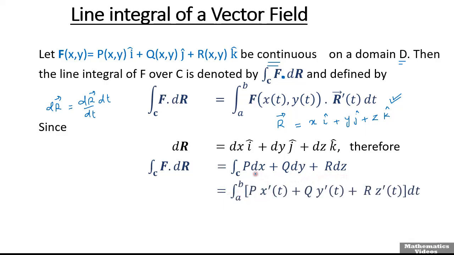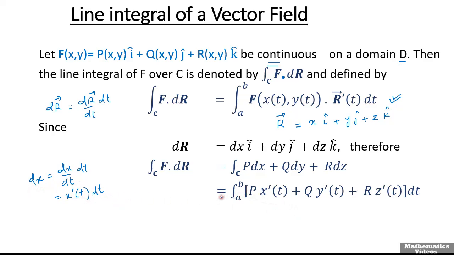Furthermore, by writing dx equal to dx by dt times dt, that is x prime of t times dt, and similarly dy equal to y prime of t dt and dz equal to z prime of t dt, we get this.